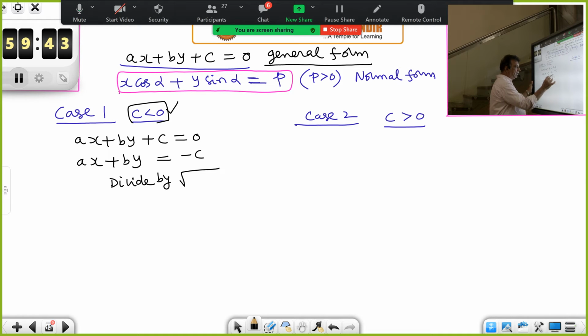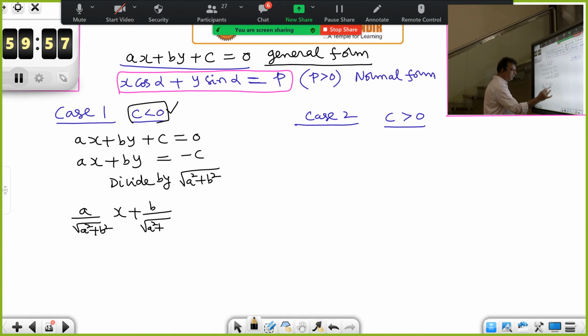Divide by root of a square plus b square. Then what happens? A by root of a square plus b square into x plus b by root of a square plus b square into y is equal to minus c by root of a square plus b square.